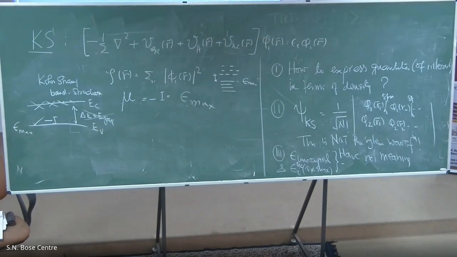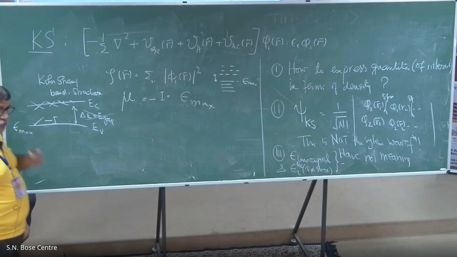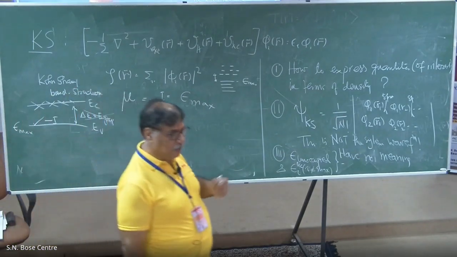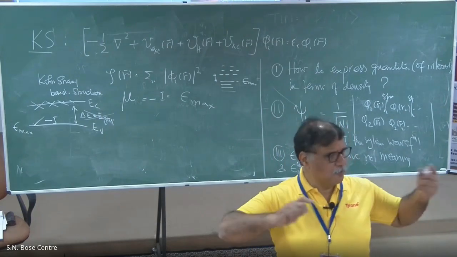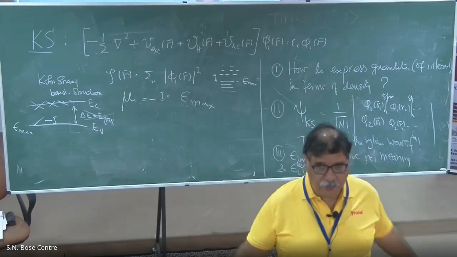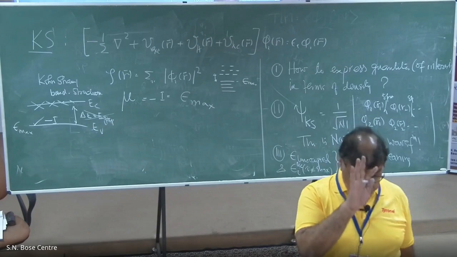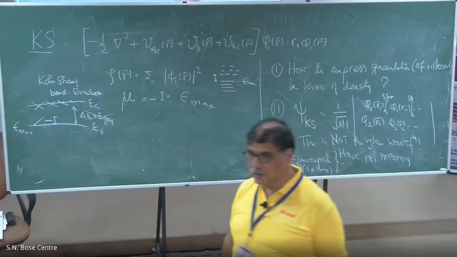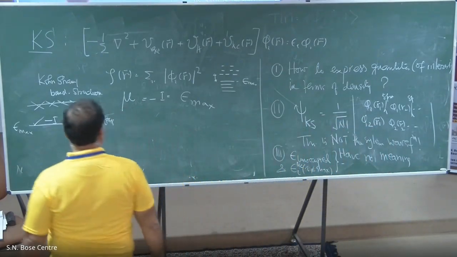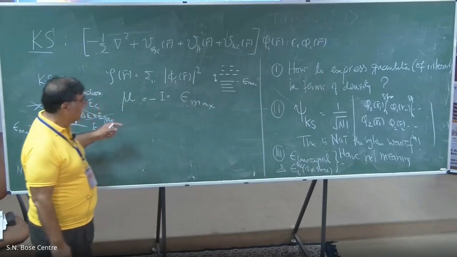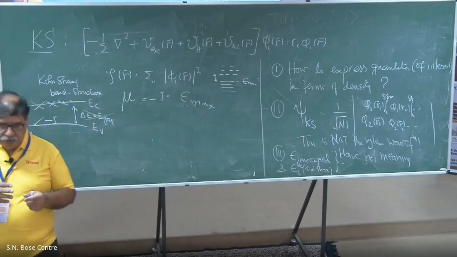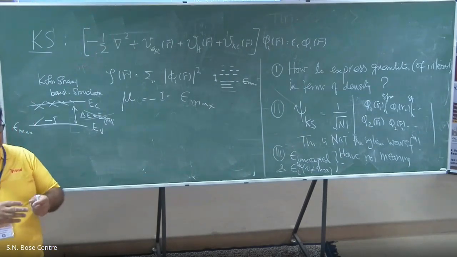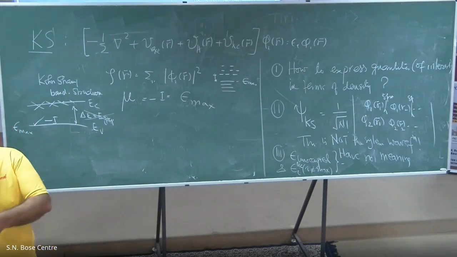Any other comment? A lot of you are involved in strongly correlated systems, right? A lot of the time Kohn-Sham orbitals are used because we have no better way of doing it. Although in principle exact, these are orbitals. Sometimes people make a potential from orbitals, then make a Q, and all that.